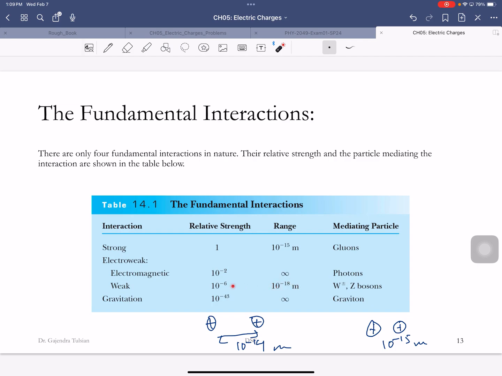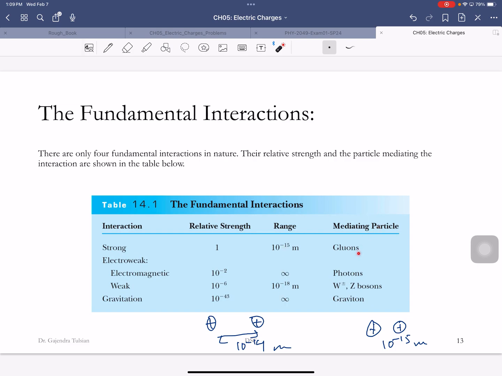To feel the weak force, you have to get really, really close. That's less than the size of a proton, so you have to go inside the nucleus looking for the weak force. The gravitational force has an infinite range as well.